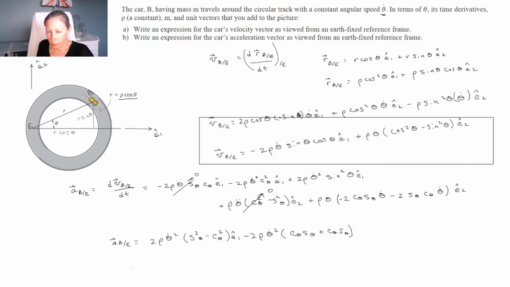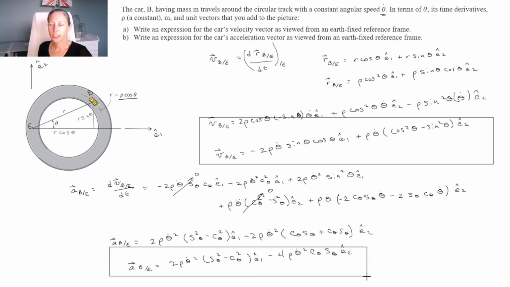So let me do one more and we'll have it. Minus 4 rho theta dot squared cosine theta sine theta e2. Okay. Cumbersome, yes. Doable, also.